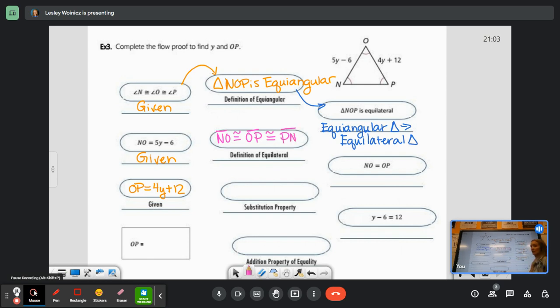Okay, all of those sides, make sure you write them in segments. They're all congruent because of the definition of equilateral. Okay, now, because those sides are congruent, we know that their measures are the same. So we know that the measure of NO has to equal the measure of OP, and that's because of the definition of congruent.